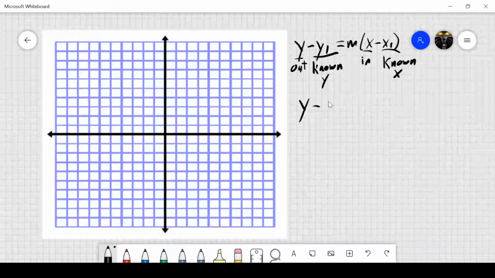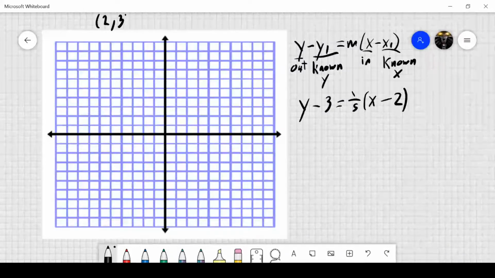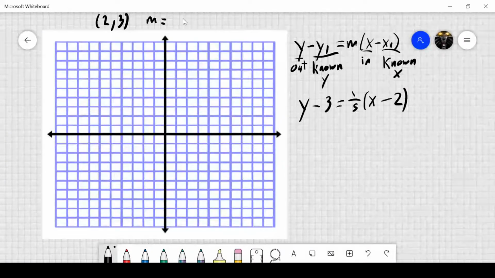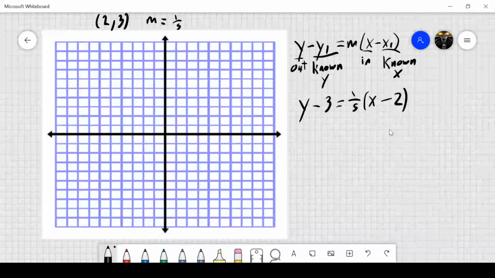So let's take a look. y minus 3 equals 1/5 times (x minus 2). What this tells us is that we have a line that passes through (2, 3) with a slope of 1/5.